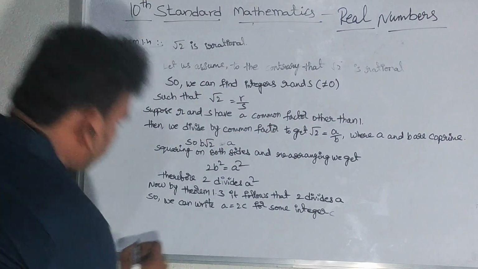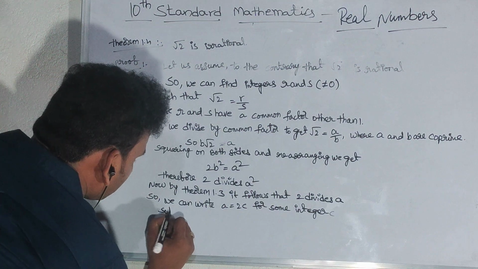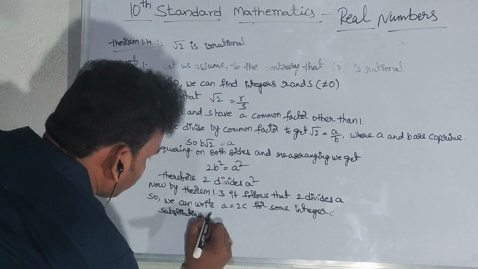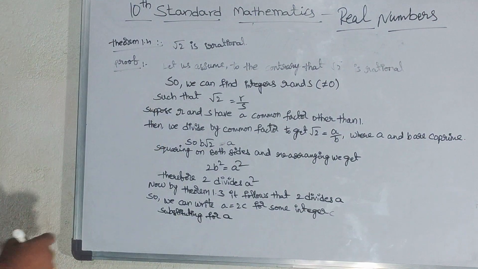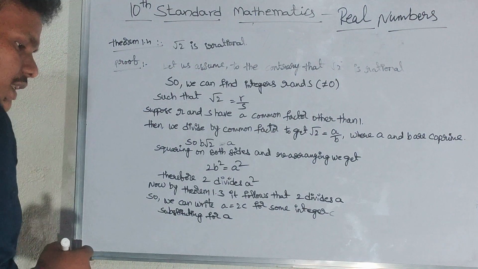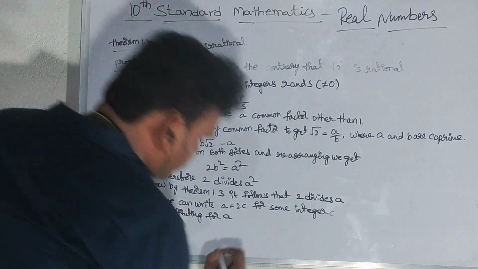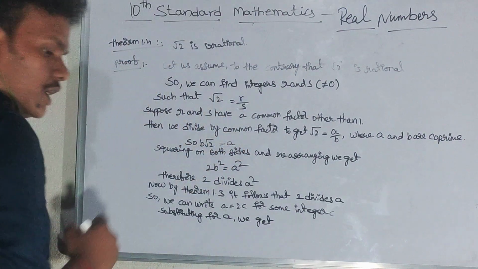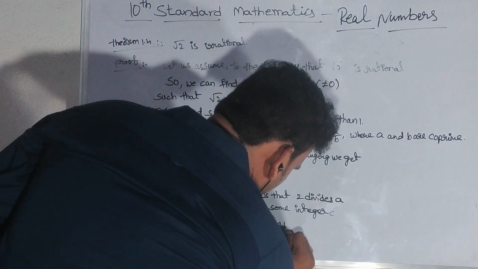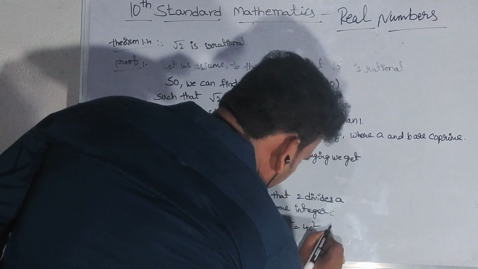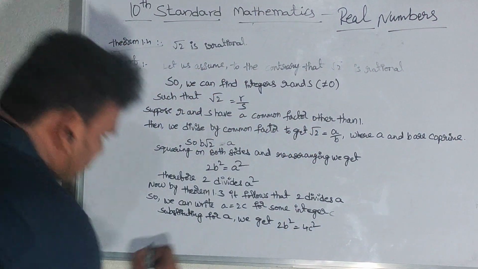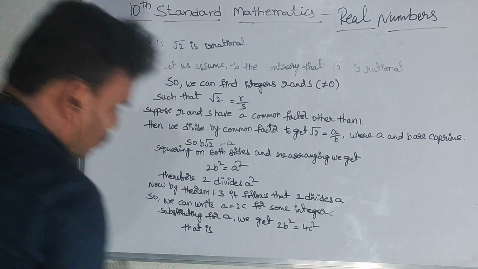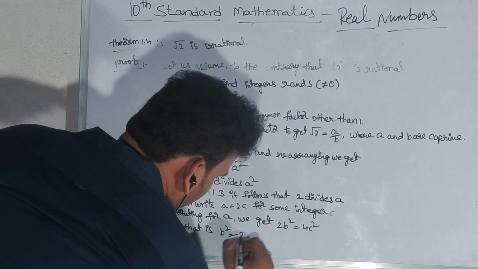Substituting for a, we get 2b square equal to 4c square. That is, b square equal to 2c square.